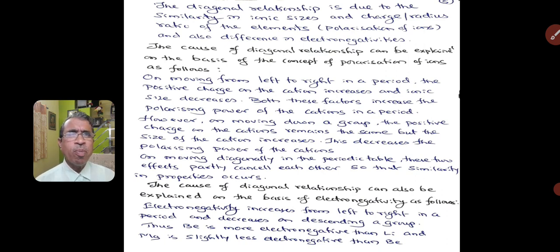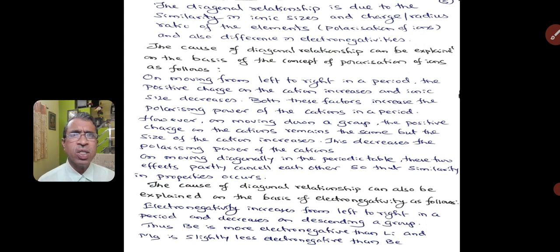On moving from left to right in a period, the positive charge on the cation increases and ionic size decreases. Both these factors increase the polarizing power of the cations in a period. However, on moving down a group, the positive charge on the cations remains the same, but the size of the cation increases.